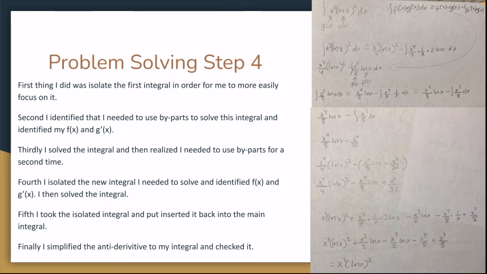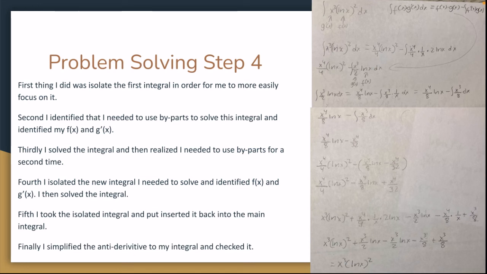Now, because all of this was part of the original integral of x cubed times natural log of x to the power of 2 dx, and this portion that I just solved was part of the negative integral of x to the 4th over 4 times 1 over x times 2 natural log of x dx, I have to distribute the negative 1 into my equation.